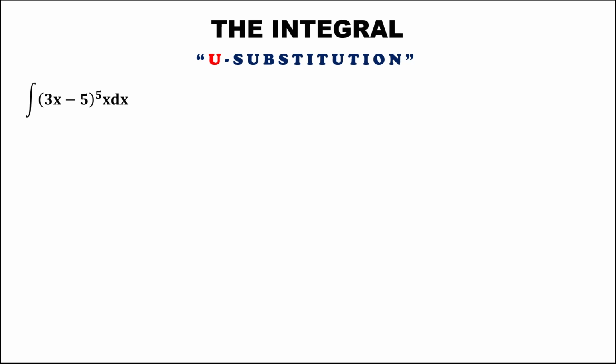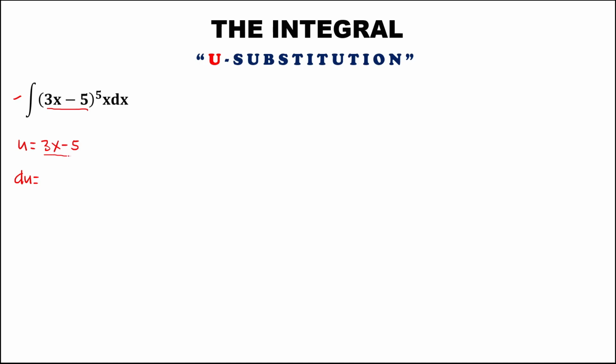So for this problem, to evaluate the integral using the u-substitution, from this given, first we let u equal this expression inside the parentheses, so 3x minus 5. Then we need to find the derivative of u.